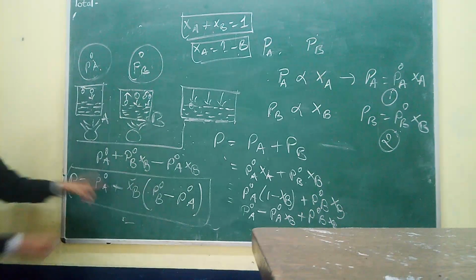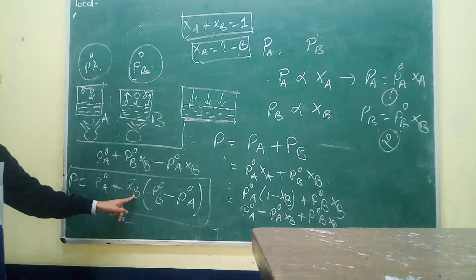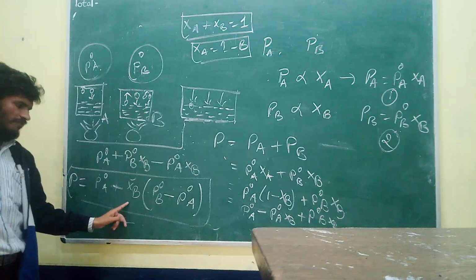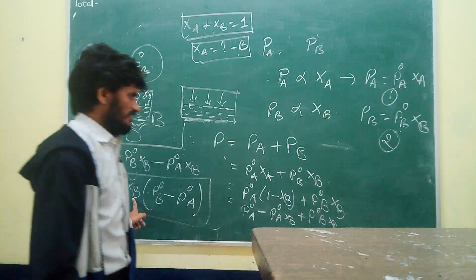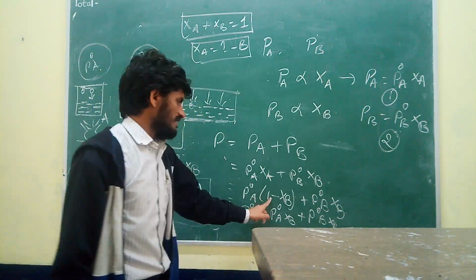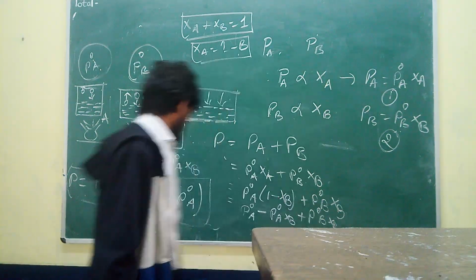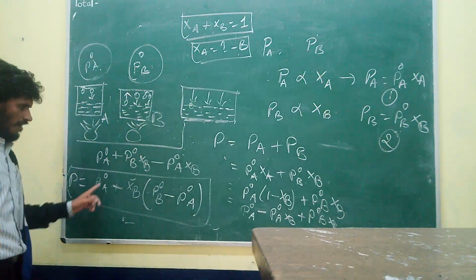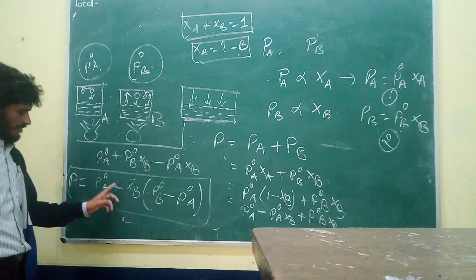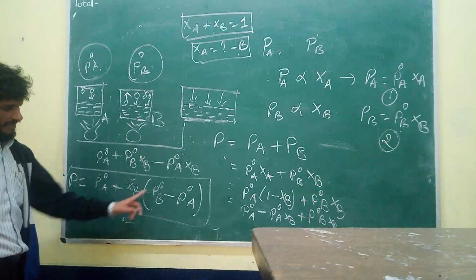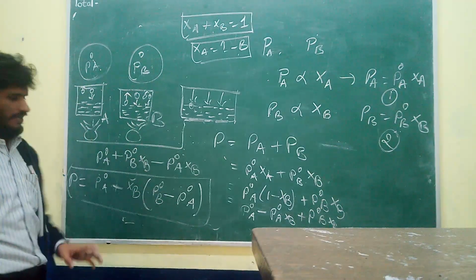Vapor pressure is a linear function of the mole fraction of the B component, or a linear function of the A component. Suppose we substitute 1 minus XA for XB, then it will come as P naught B plus XA into P naught A minus P naught B. Understand?